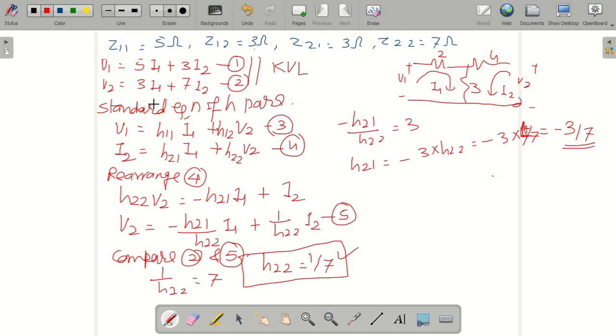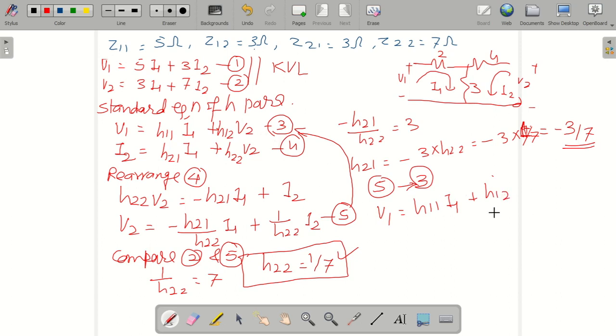I want this H11 and this. So let's do one thing. This is equation 5. Here also we need V1, I1, I2, and we don't need V2 here. So we will put 5 in 3. Clear? When you put 5, V1 equal to H11 I1 plus H12 V2.